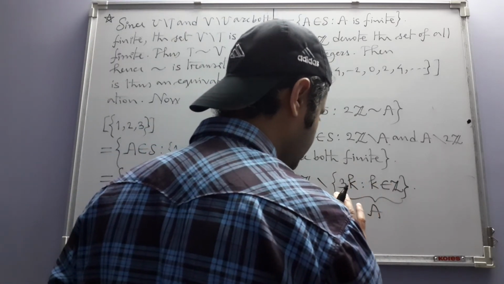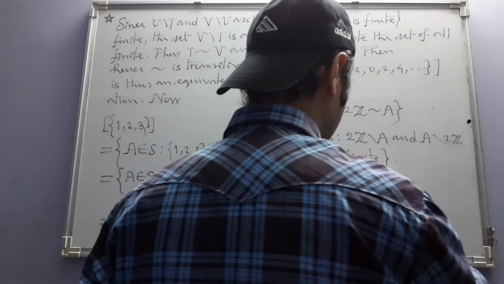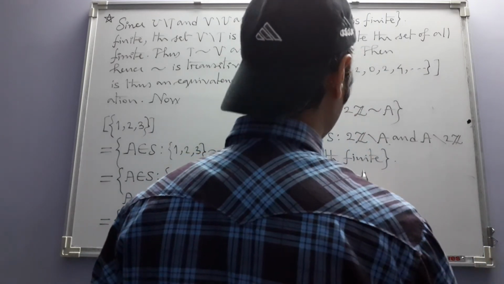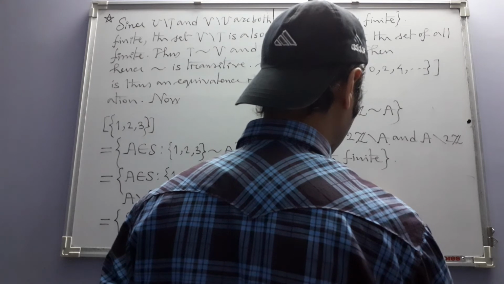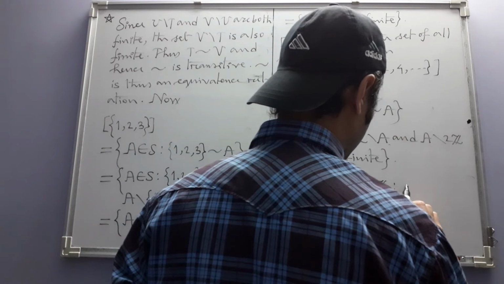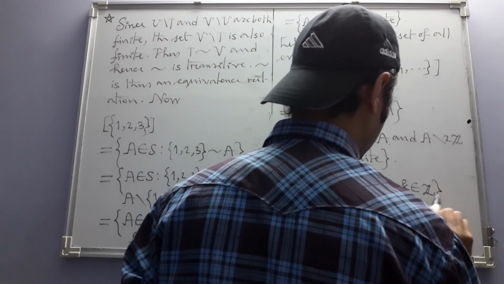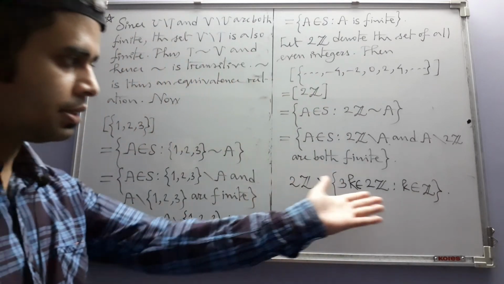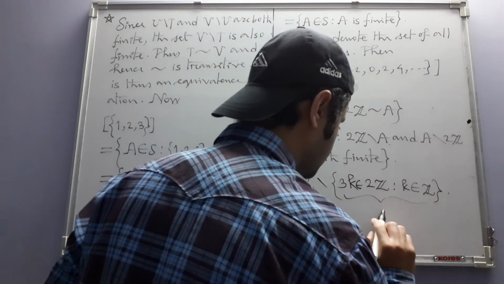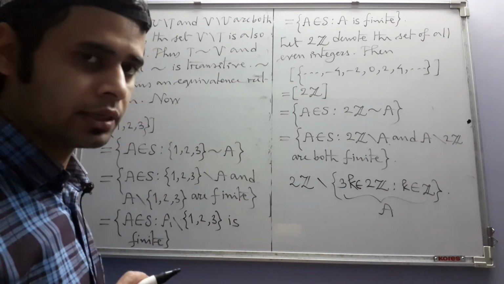I should have actually written 3k belonging to 2Z such that k belongs to Z. This set is infinite. In spite of that, suppose this is our A. This difference is not finite.